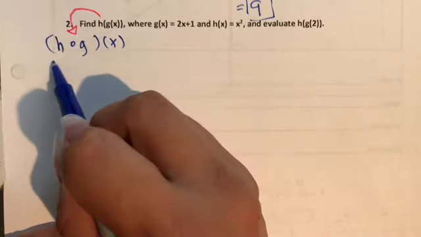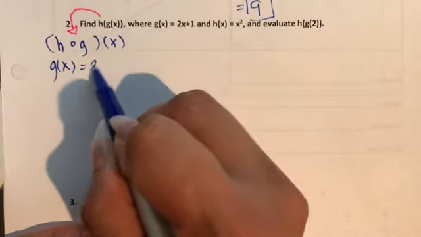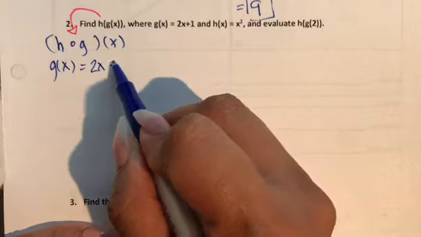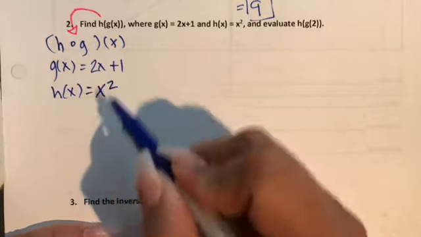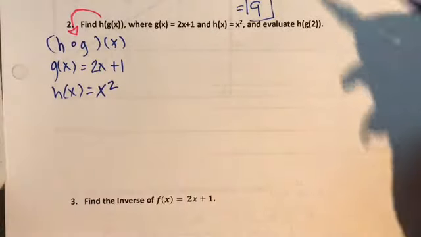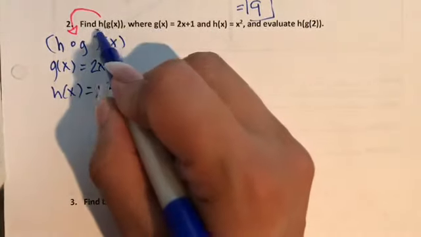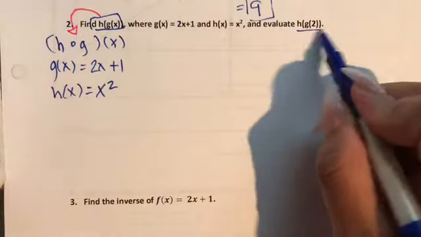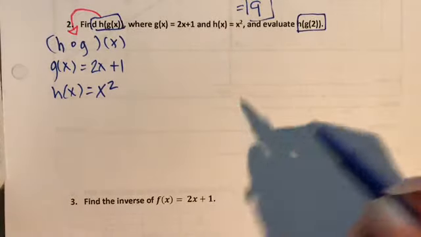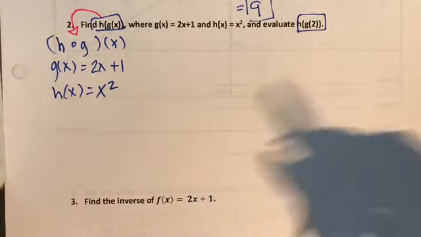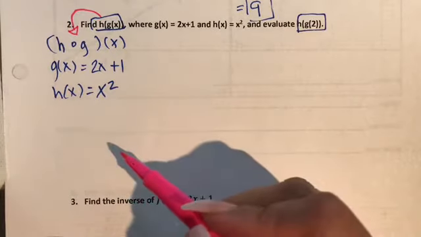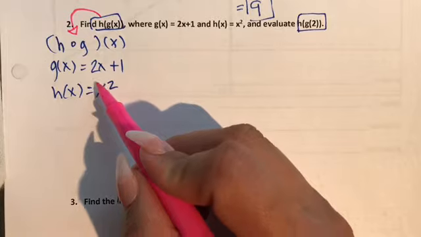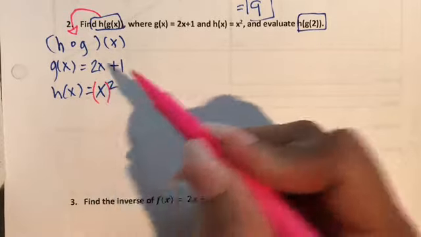Alright, so now I have g of x equals 2x plus 1. H of x equals x squared. So it wants me to find this first, and it wants me to evaluate this. So that means that the g of x is going to go into the h of x.